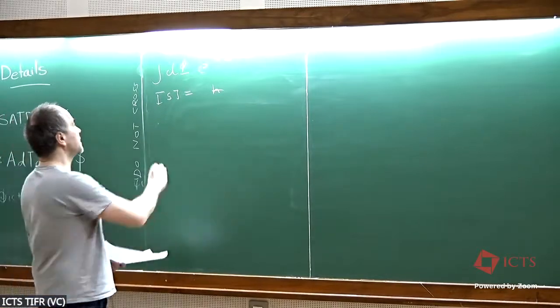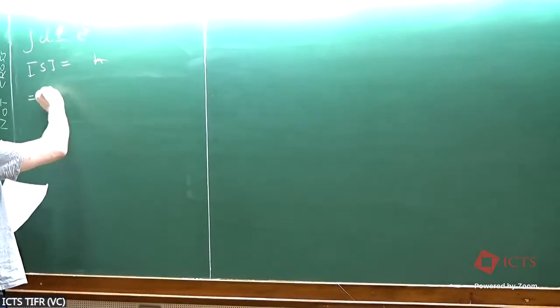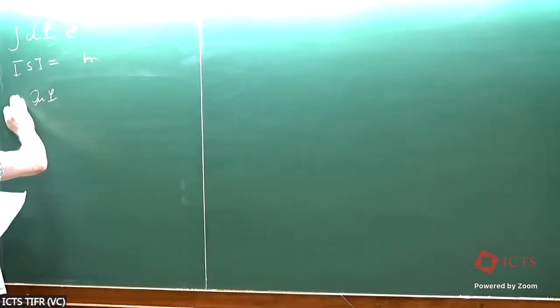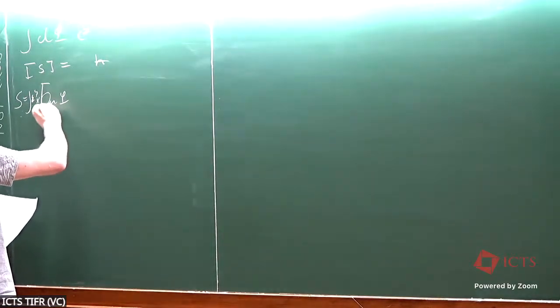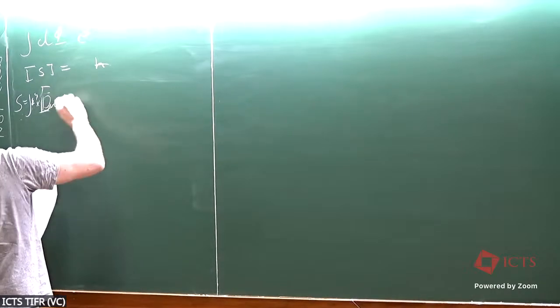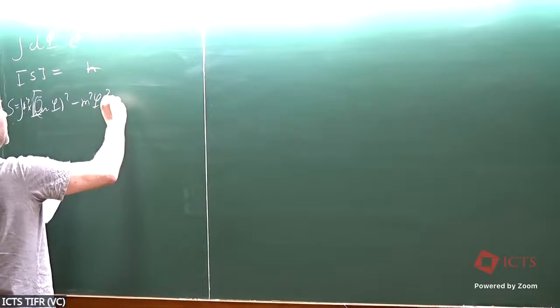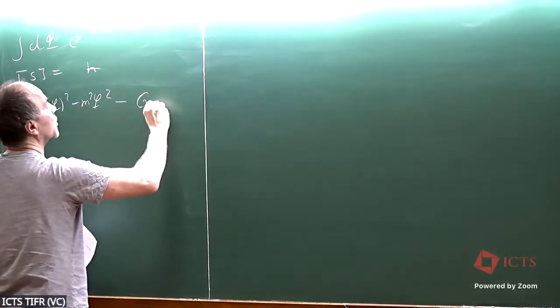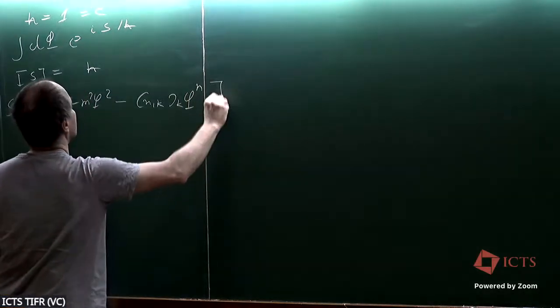Let's say you have some fields, for example a scalar, so it's the integral of d^4x, with a scalar field term (∂_μ φ)² minus m² φ², and then some higher-order interaction with k derivatives and n fields.